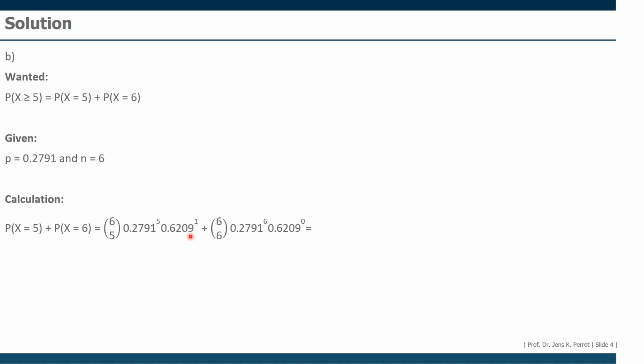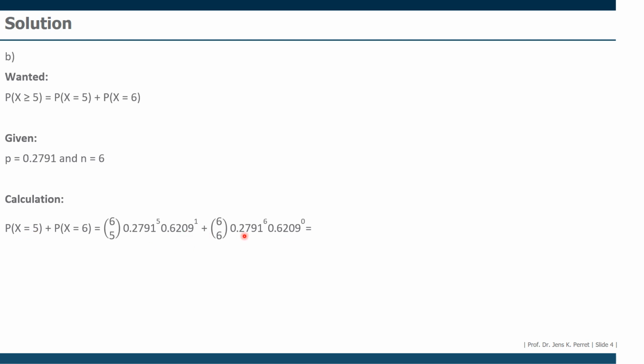Then we have first the probability of there being 5 videos on distributions, and here the part on having 6 videos on distributions. Again, it's small n over small k, probability to the power of small k, counter probability to the power of small n minus small k.